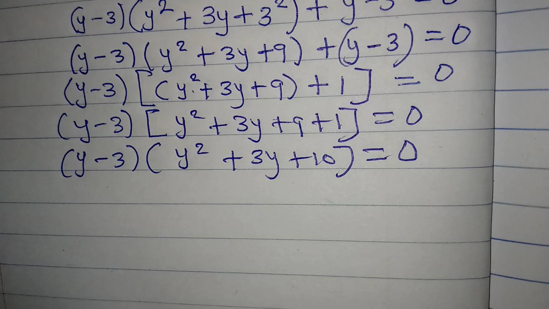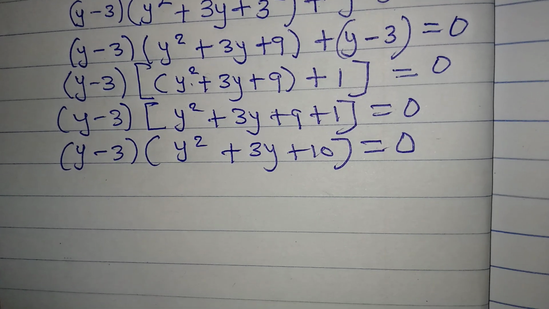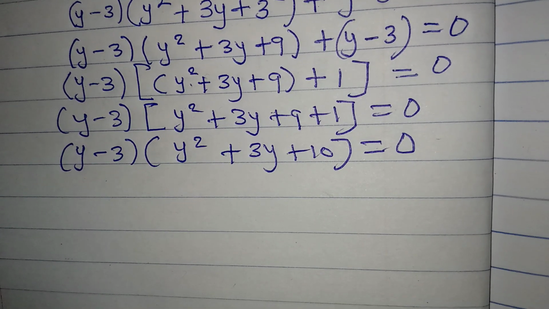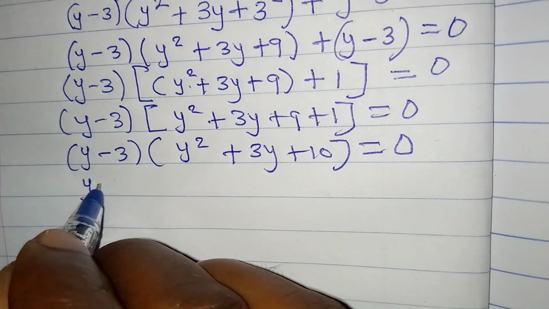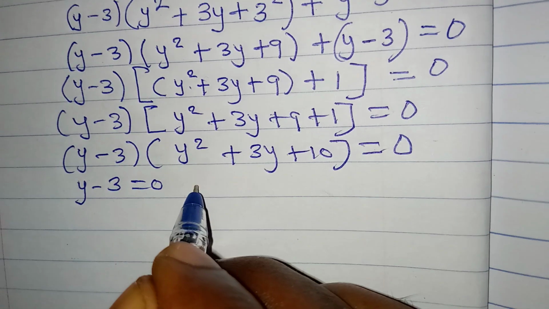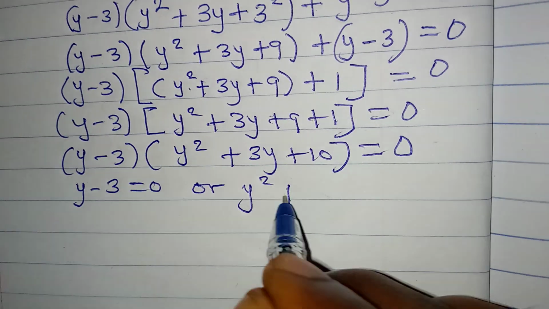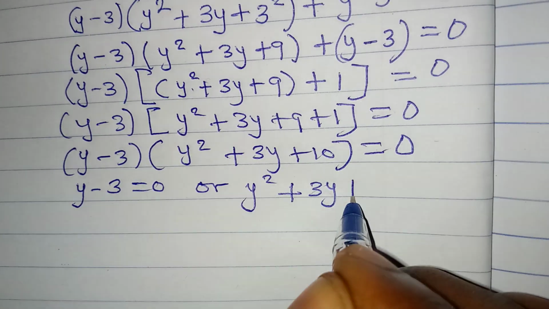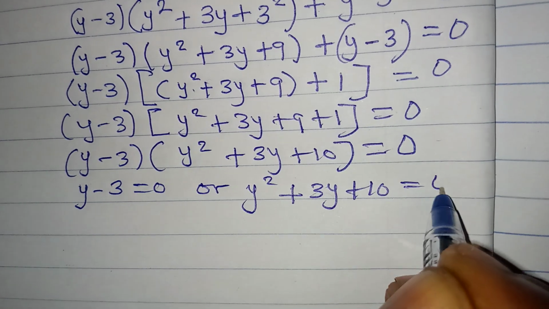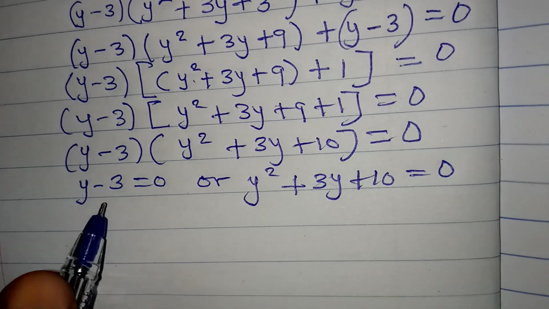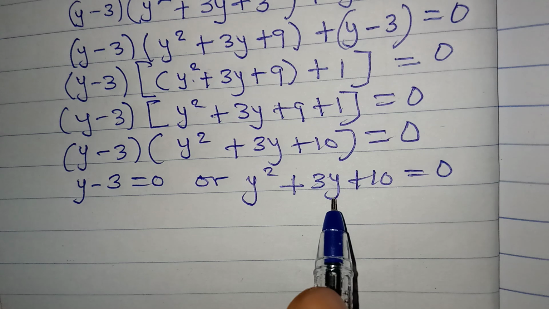Now we apply the zero product rule. Remember, we want to get 3 solutions, so it is either y minus 3 is equal to 0 or y squared plus 3y plus 10 is equal to 0. This is a linear equation while this is quadratic.